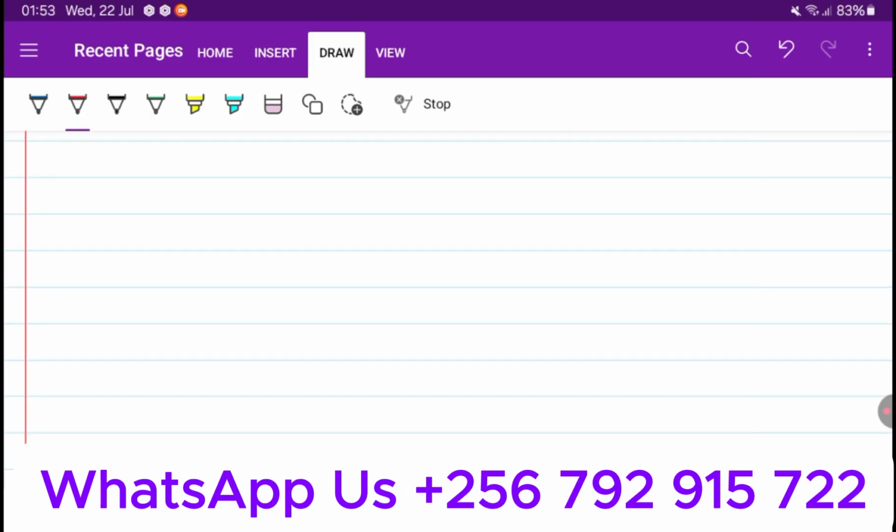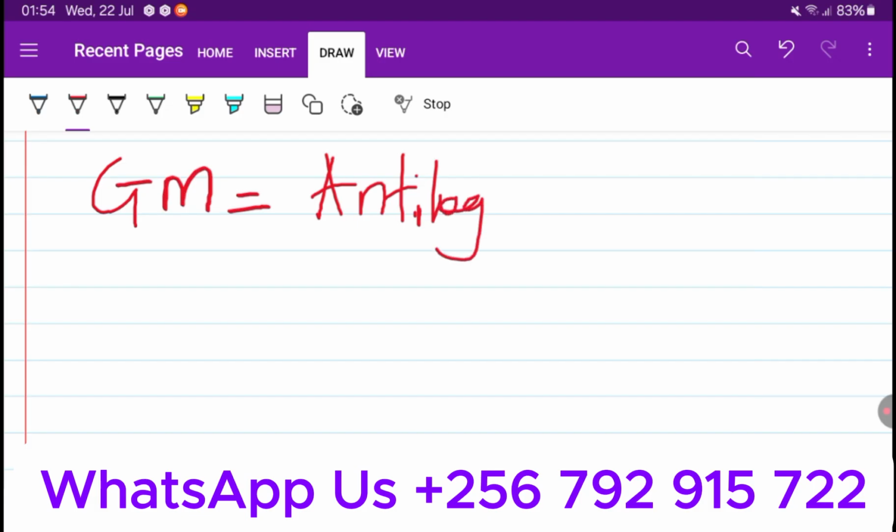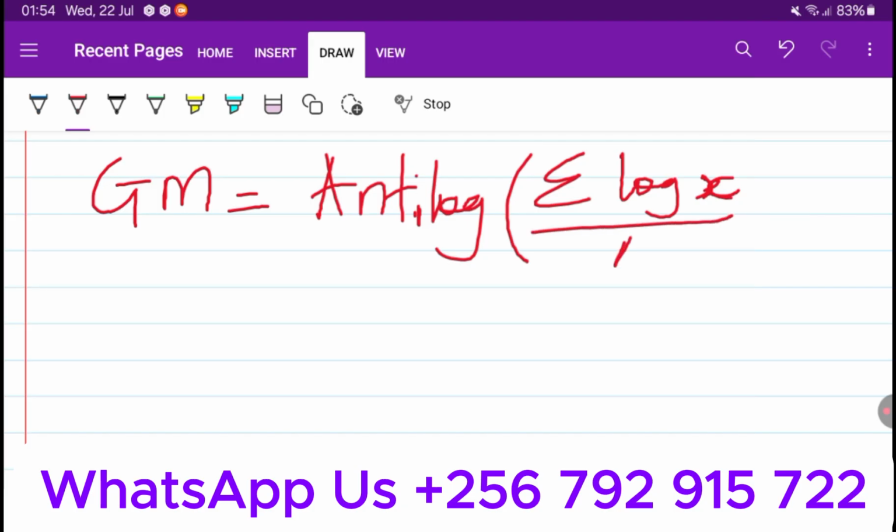I'm using capital N to represent the population, but if they bring a sample, it's the same thing.